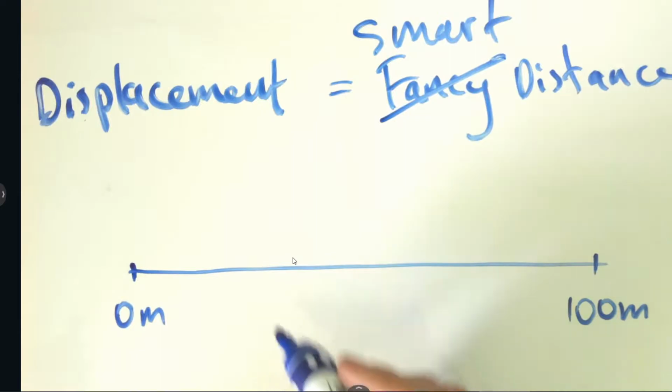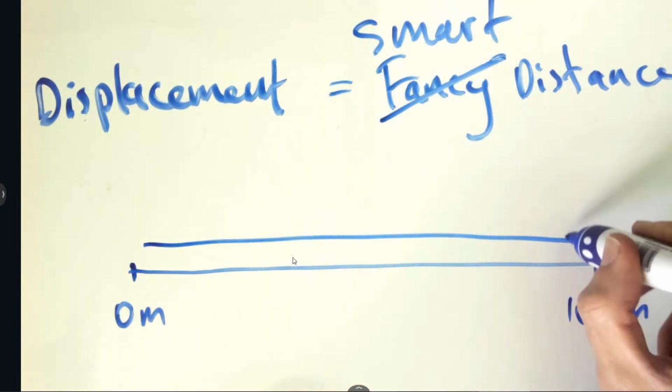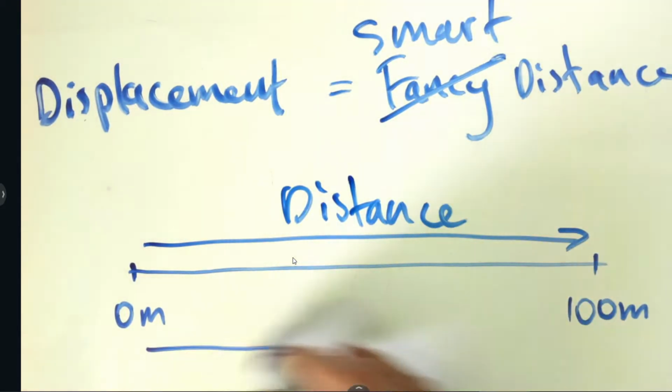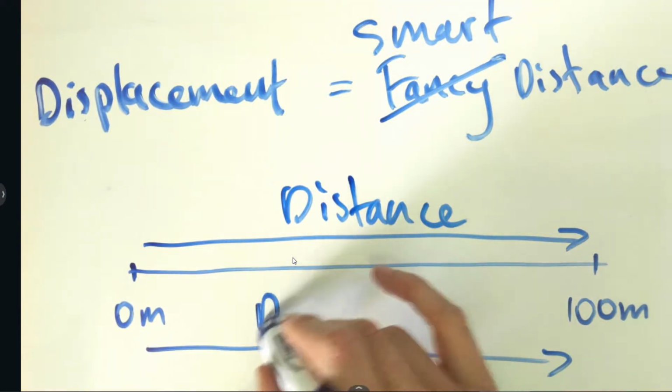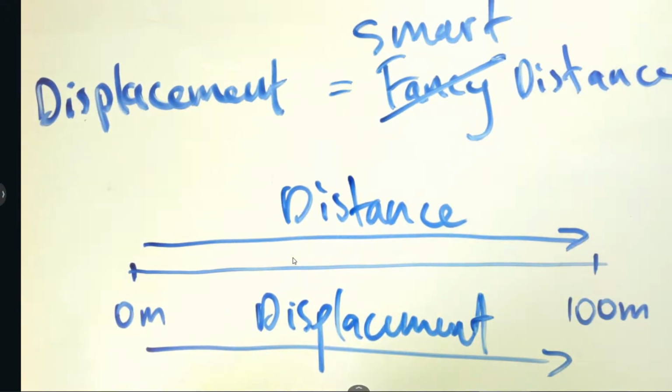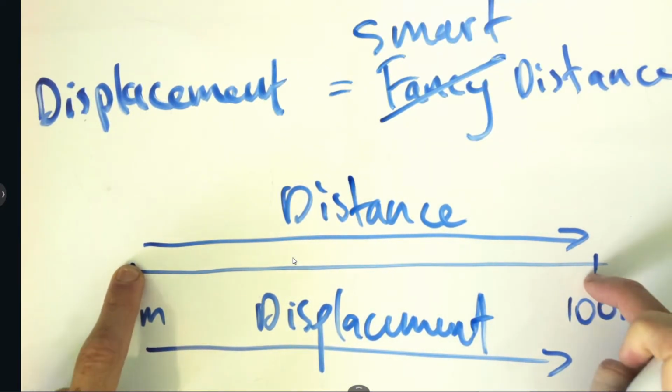So actually, his distance that he went is 100 meters. But also his displacement is 100 meters, right? Because all we're measuring is from his starting point over to his finishing point.